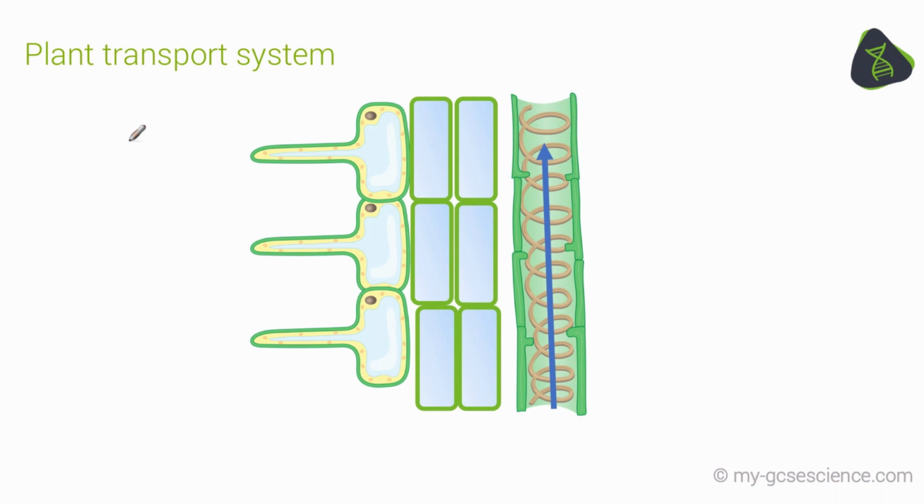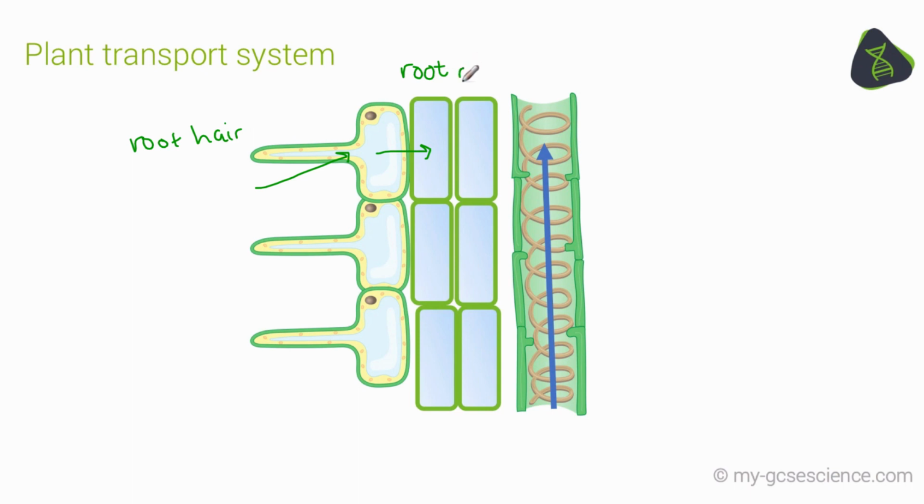Okay, so these root hair cells here, as I've mentioned before, have this hair-like projection to increase the surface area, to absorb water by osmosis and mineral ions by active transport. So these two things, water and mineral ions, move into these root hair cells, and then they will subsequently move into these root cells.